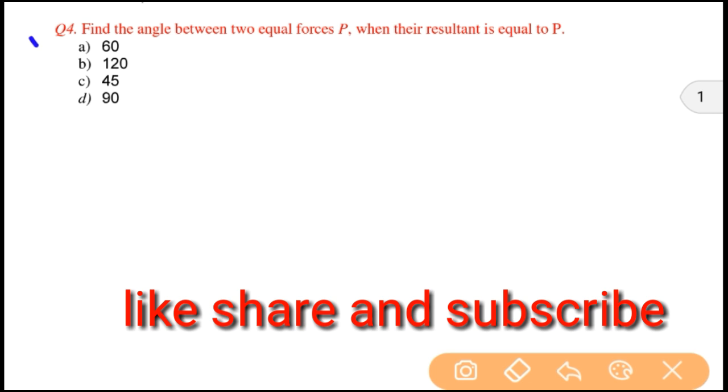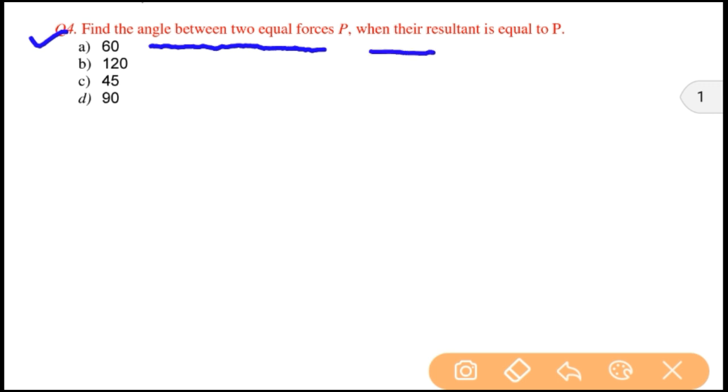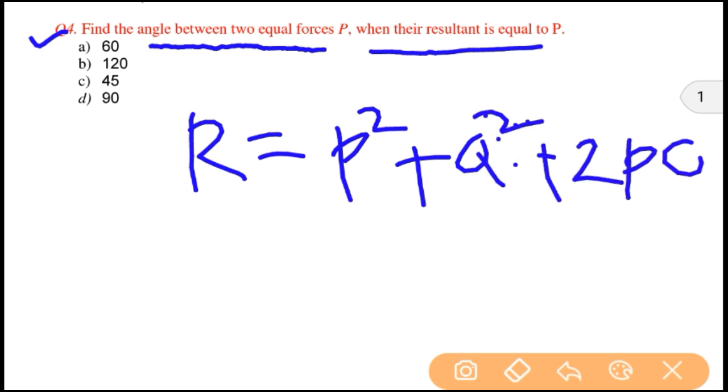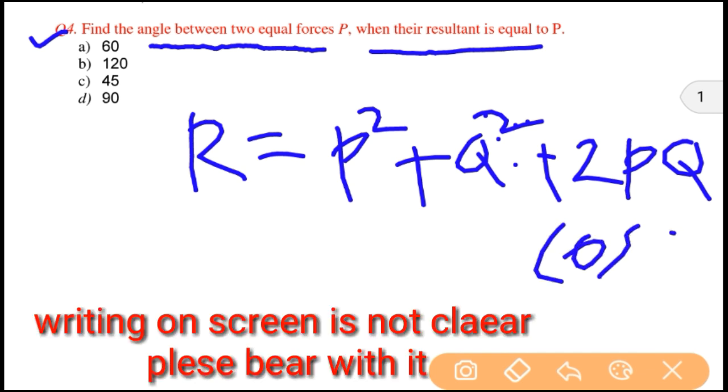In the next question, find the angle between two equal forces P when the resultant is also equal to P. So here we can apply the parallelogram law. We know that the resultant R is equal to the root of P square plus Q square plus 2PQ cos theta.